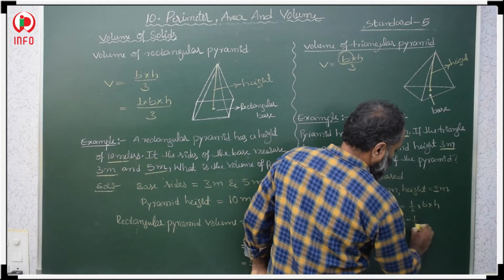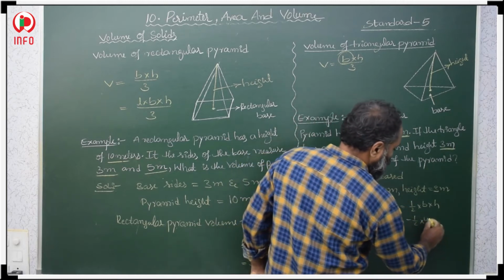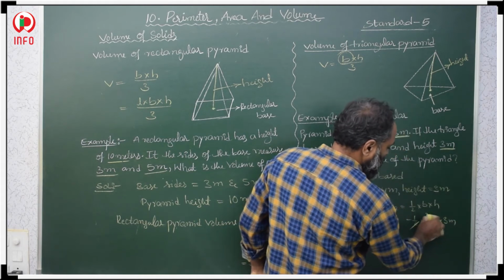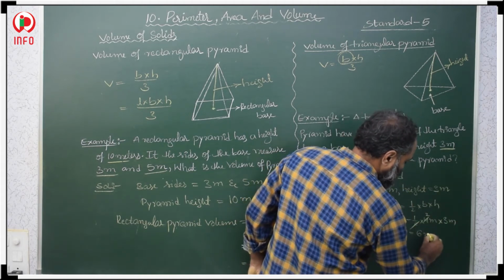Half into, what is the base here? 4 meters. What is the height here? 3 meters. 2 ones are 2, 2 twos are 3, 2 threes are 6 meters square.